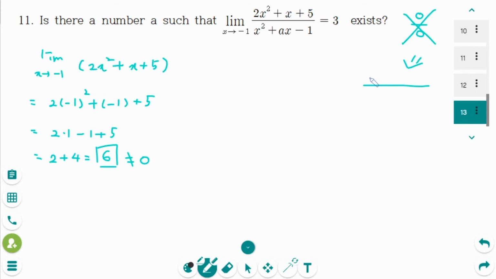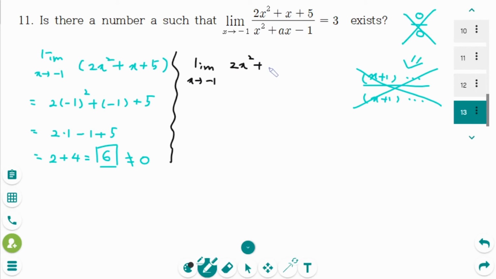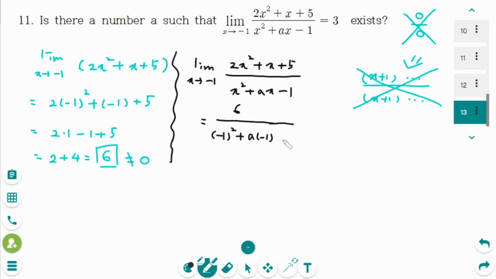Therefore, the factor of x plus 1 does not exist. So try plugging minus 1 into x in both the numerator and the denominator. We already know the numerator is 6, over minus 1 squared plus a times minus 1 minus 1. That is 6 over 1 minus a minus 1. 1 and minus 1 cancel. 6 over minus a.